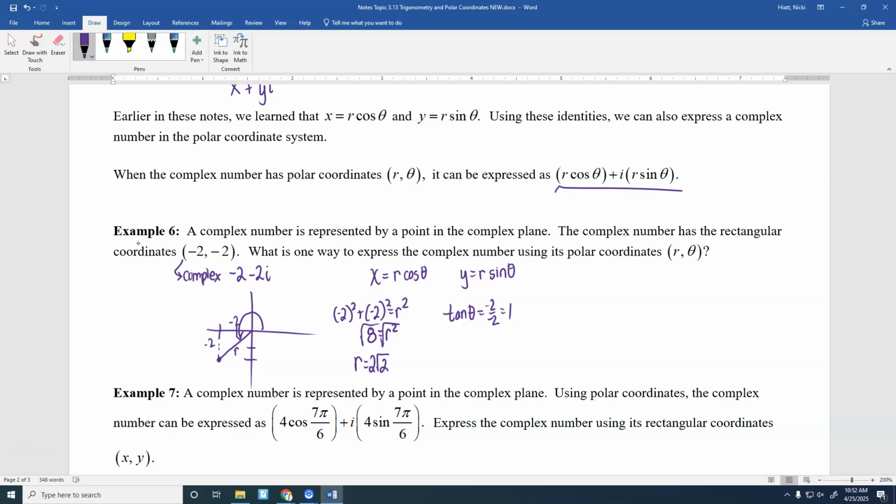Those are the coordinates. I need the angle. Good, 5 pi over 4. So for this, our polar coordinates could be expressed using this expression.